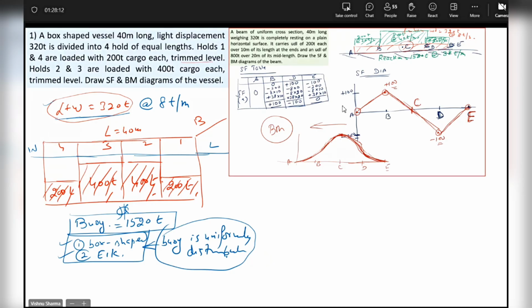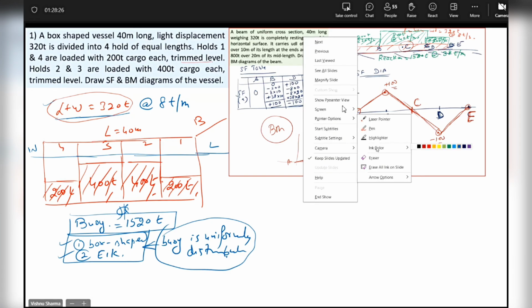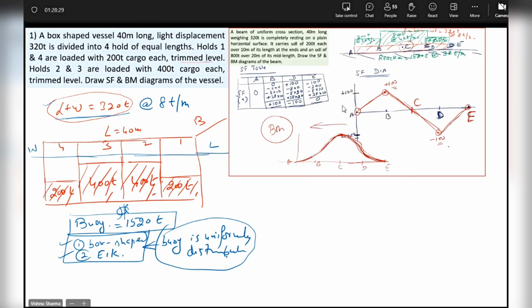So don't you think that if I consider this box-shaped vessel as a beam, and let me draw the beam on the box-shaped vessel, overlay with a green line. If I treat this box-shaped vessel as a beam, now you see this is the beam. This green line is the light displacement. Then these are the UDLs on this, and it is being supported by the buoyancy from beneath.